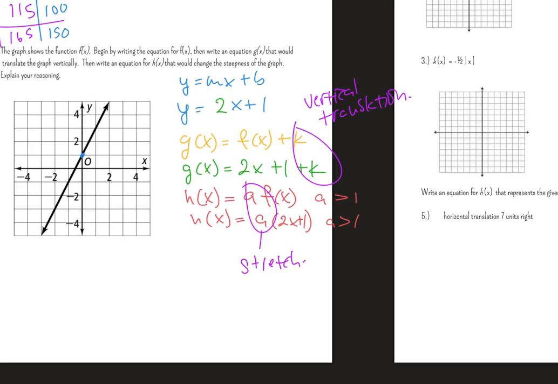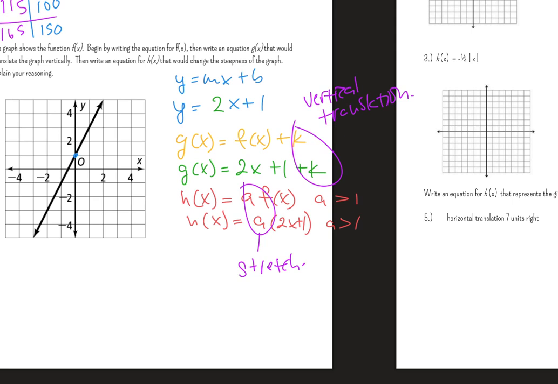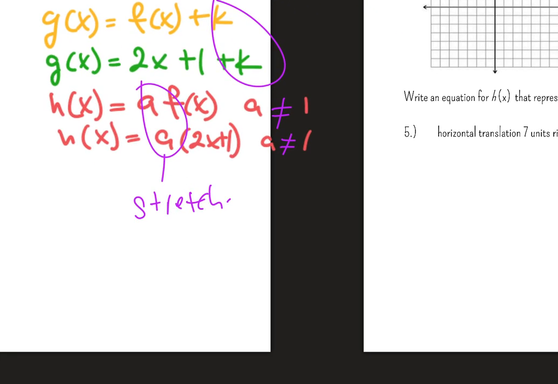So I guess it just says change the steepness, period. So let's actually adjust this. It's not that it needs to be greater than 1 now, it's that it can't equal 1, because if it equals 1, we have not changed the steepness at all. So really that's a stretch or it's a compression.